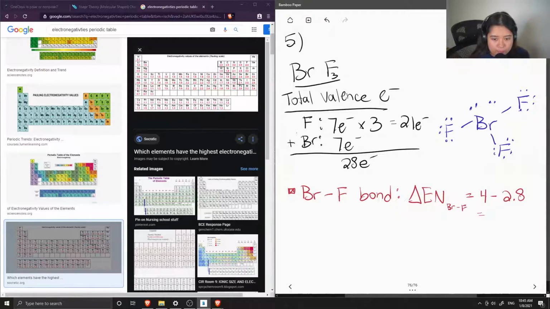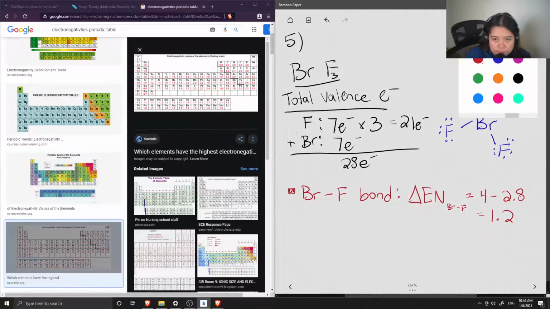So what is this, like 1.2? Yeah. So their electronegativity difference is 1.2. So therefore this is a polar bond.